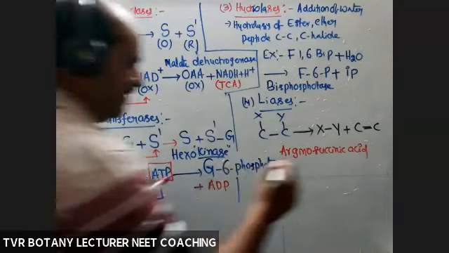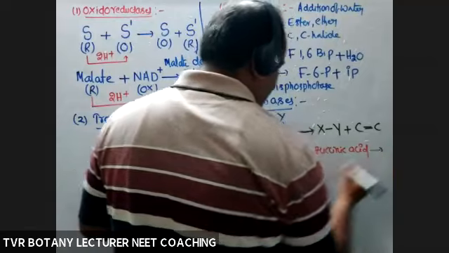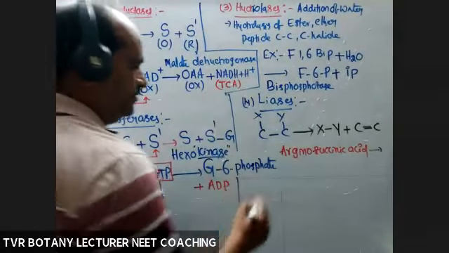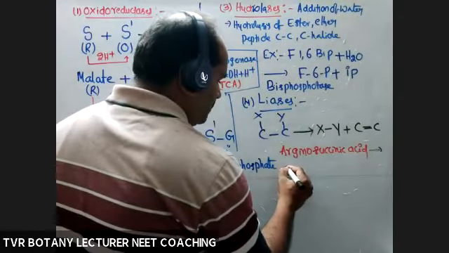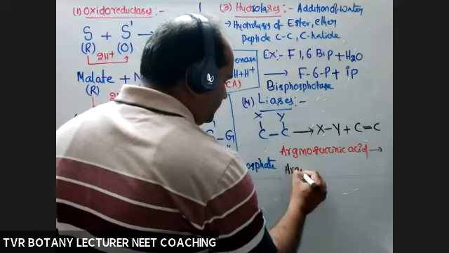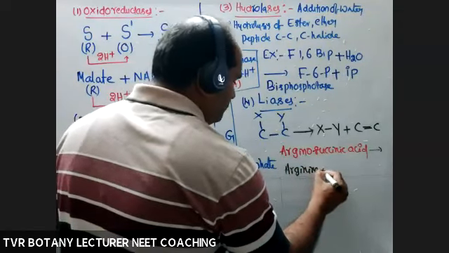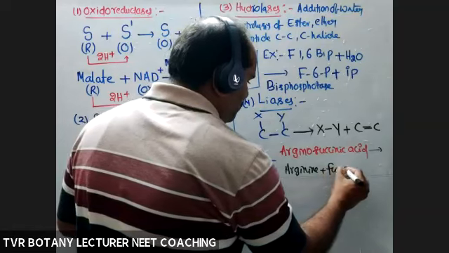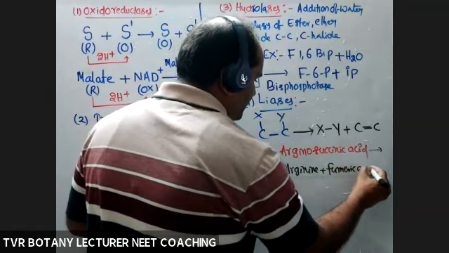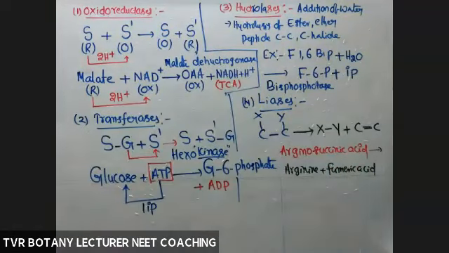What about the fate of this argininosuccinic acid? It is cleaved into arginine plus fumaric acid. So 2 products are produced. Okay, so argininosuccinic acid is cleaved into 2 products. What are they? Arginine and fumaric acid.